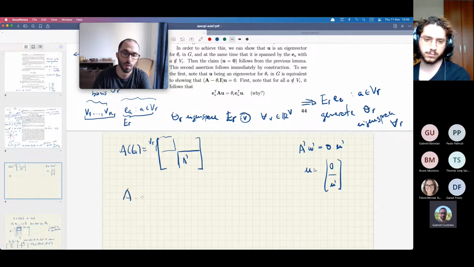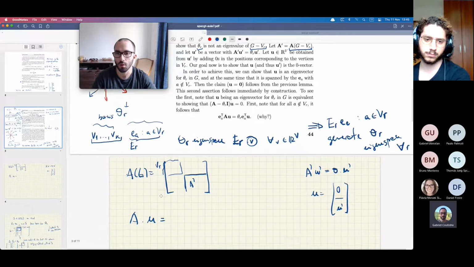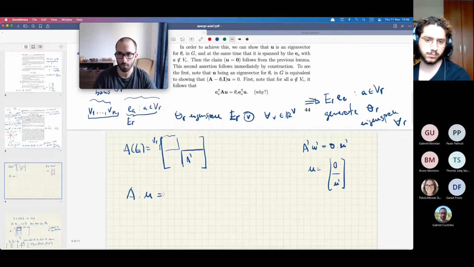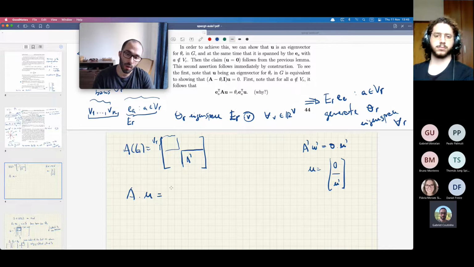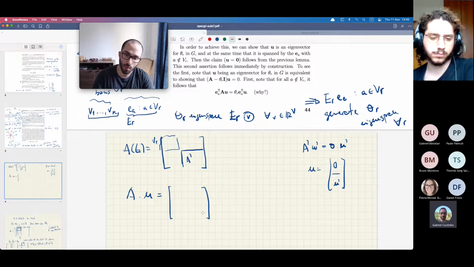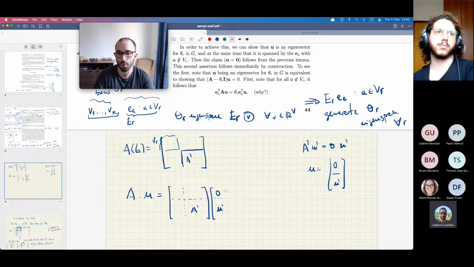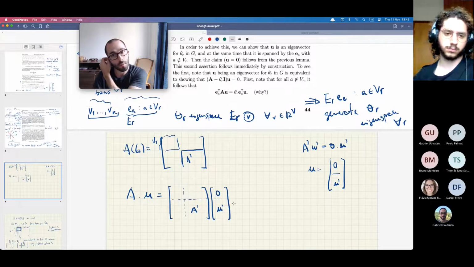So what I will do now is apply A to U. So, this is this block. Here I have A prime, and I'm multiplying this by 0 and U prime.